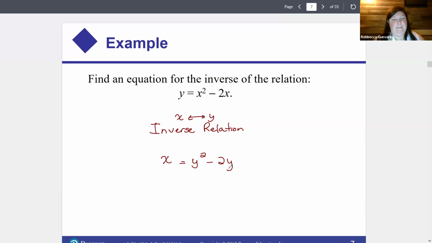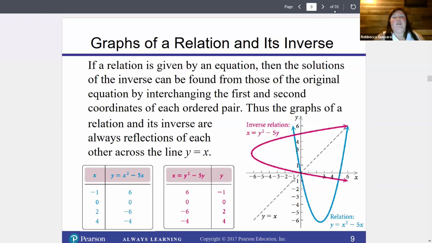Okay. So I'm going to show you a graph of what this looks like. What we see here is your blue line. It's a parabola, but that was the original relationship. So we're getting this nice parabola here.